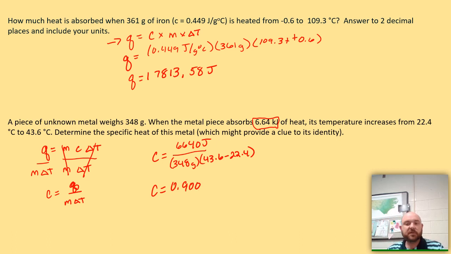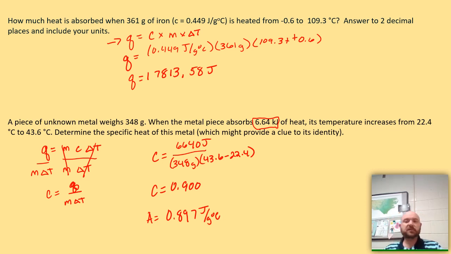Now, if you go and revisit that thermodynamic table of specific heat capacities that we saw a few slides back, you might not find a metal on that table that matches this value exactly, but what you would see is that aluminum specific heat is approximately 0.897 joules per gram degrees Celsius.